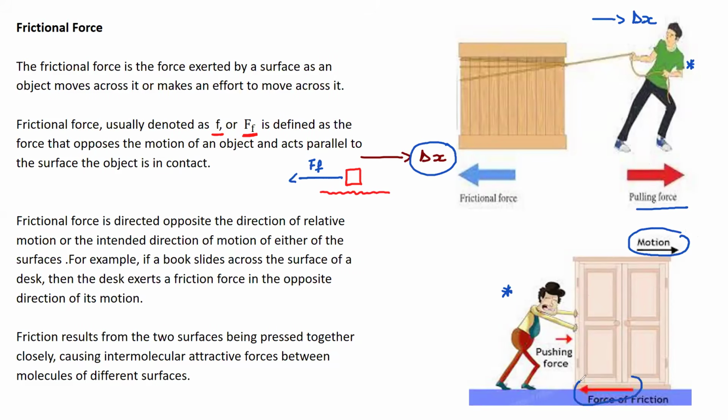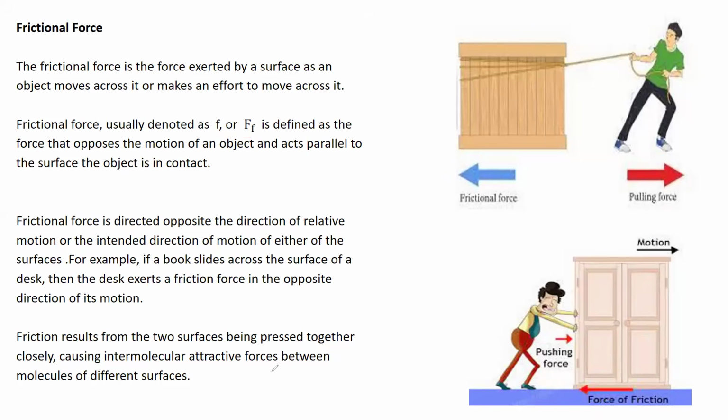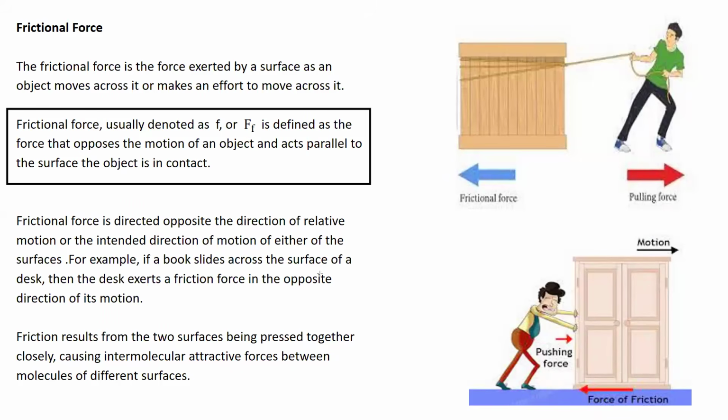But lo and behold, the force of friction is acting to the left. So again, I need this understood. The force of friction is a force that acts opposite to the direction of movement of an object.